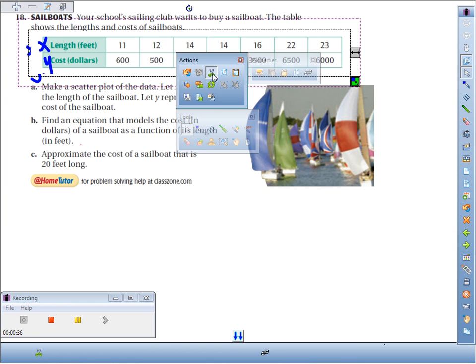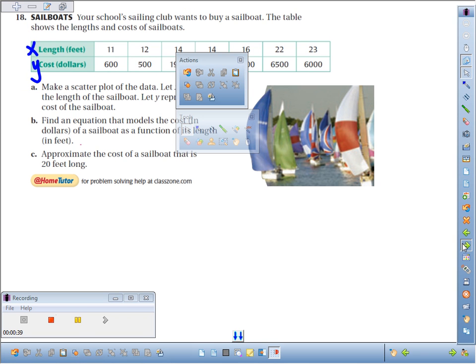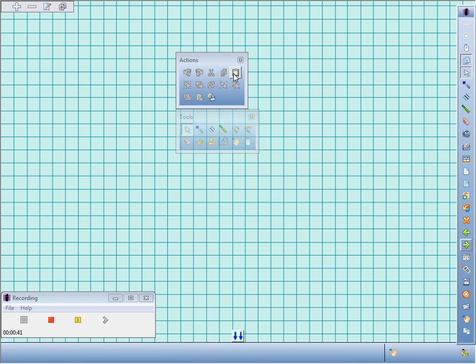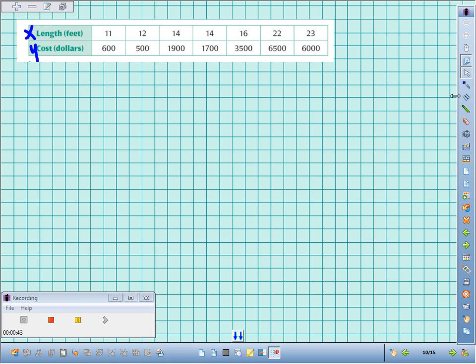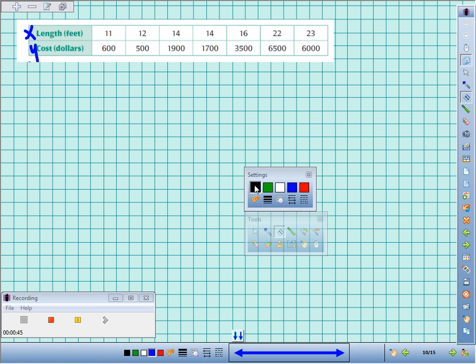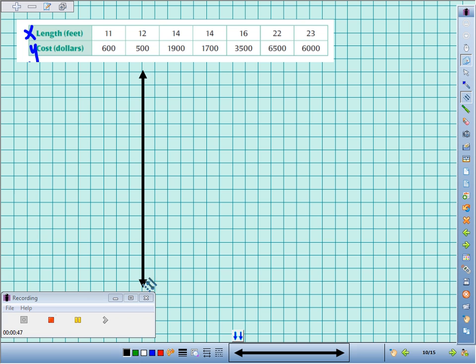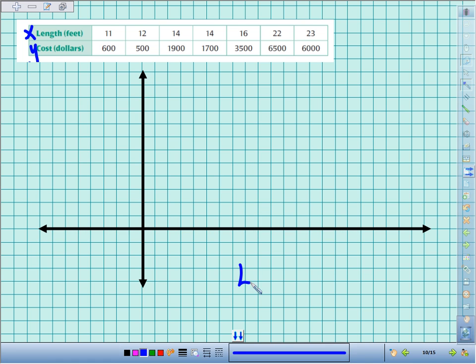So let me take this to some graph paper. Make my X and Y axis. X is the length in feet, and Y is our cost in dollars.